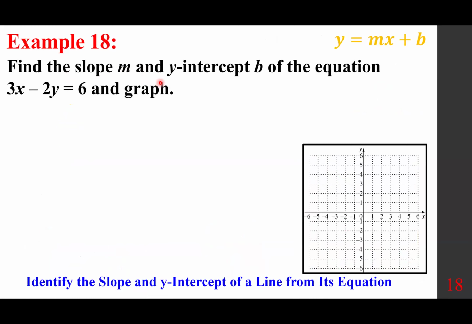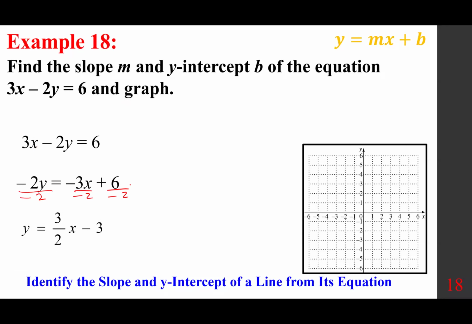Find the slope m and y-intercept b of this equation and graph it. Well, that means put it into the form y equals mx plus b. That means solve for y. We are going to move the 3x, and we're going to divide everything by -2, and we get y equals 3 halves x minus 3.